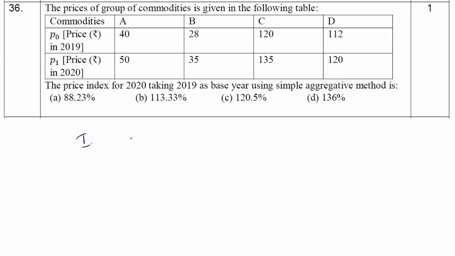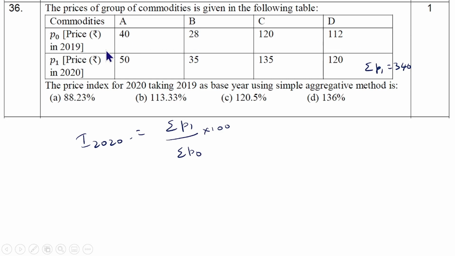The price index using simple aggregative method is given by summation P1 upon summation P0 into 100. Summation P1 is the sum of all these prices. When we add all these, that is 50 plus 35 plus 135 plus 120, summation P1 is equal to 340.